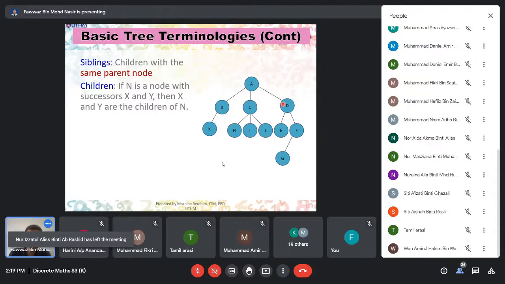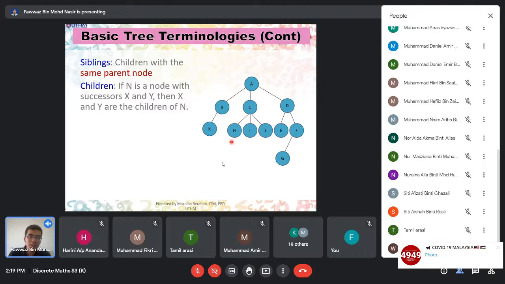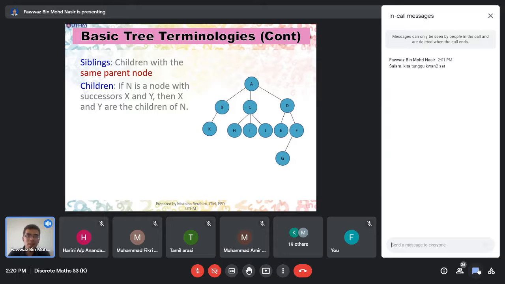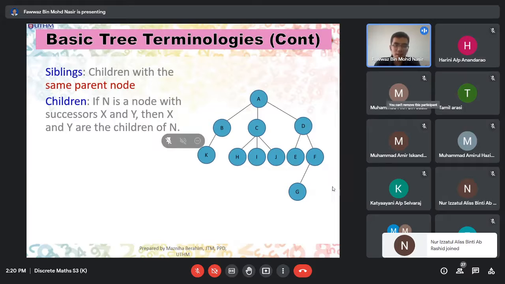Okay, so we get the children for A. Okay, so children for A adalah B, C, D. Okay, dan kita tengok yang mana yang ada edge yang connect to the nodes immediately below A tu adalah children pada A. Okay, so macam contohnya C, dia punya children dia adalah H, I, J. D, children dia adalah E dan F. Okay, so we just look at the nodes connecting the current node that is immediately below the current node.